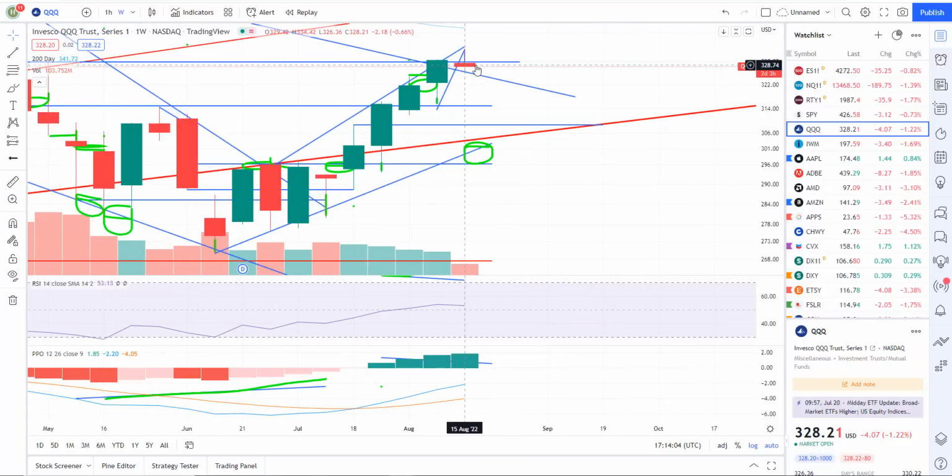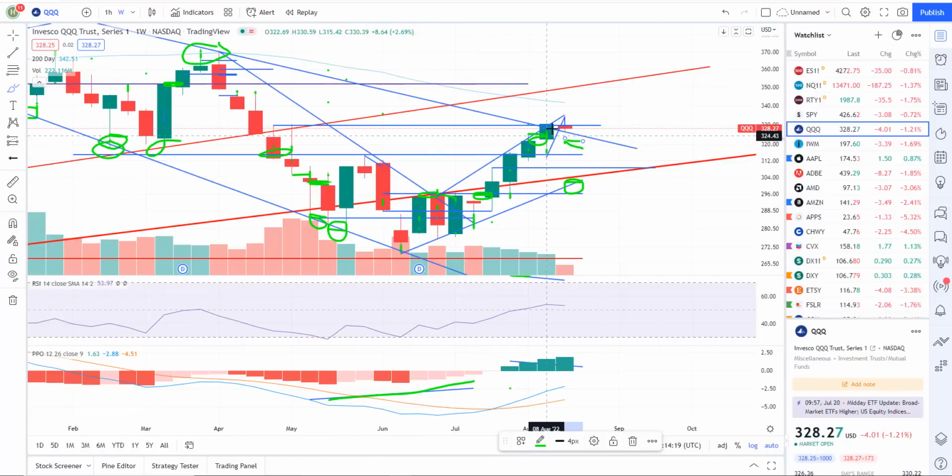If we sell off to close the week and we're back below this trend line, say below 326 on the Qs, and especially not just right on it, if we're clearly below that level, closing back below, then again, this was just a bull trap, a false breakout right here on the week. Intra-week, we were trading above it, but now we're back below it.